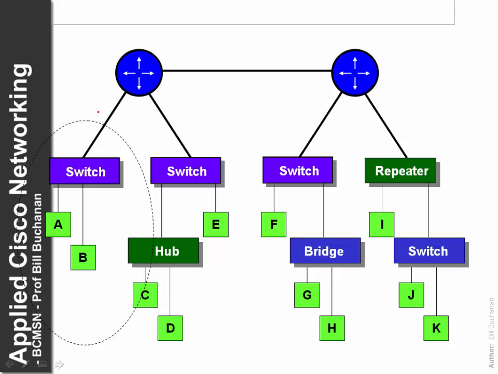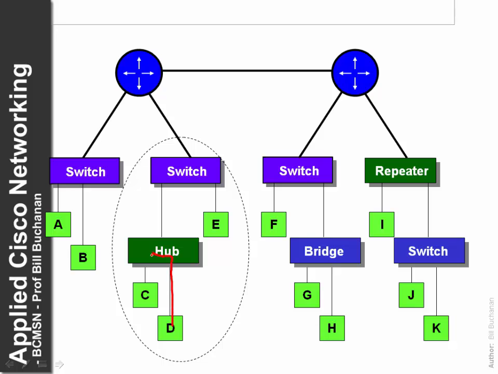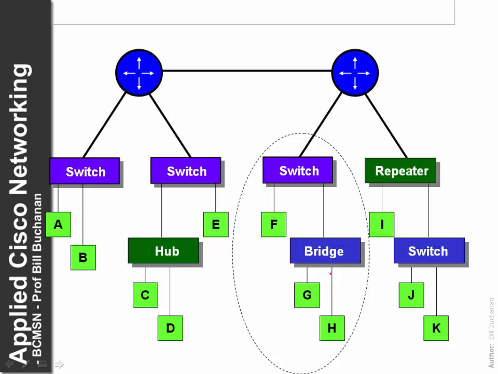If we see here the extent of a broadcast domain, we see nodes A to K. A and B are in the same broadcast domain because the broadcast will be stopped by this port on the router. A hub forwards broadcasts, so it will go to C, it will also go to E, but it will be blocked by this port here. F will go through the switch, which will forward on through the bridge to G and also to H, but the broadcast will be stopped here.